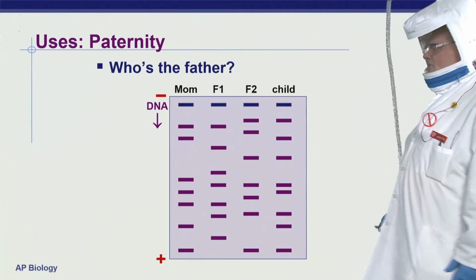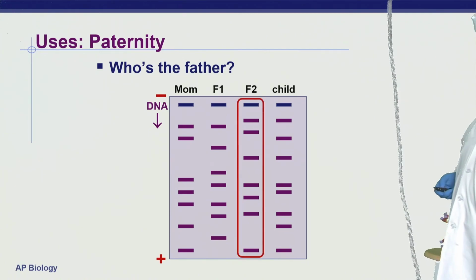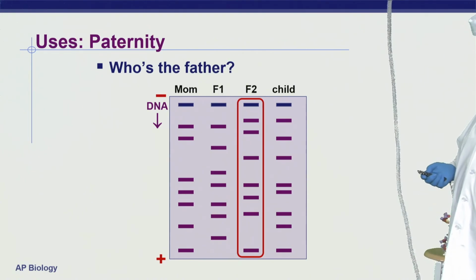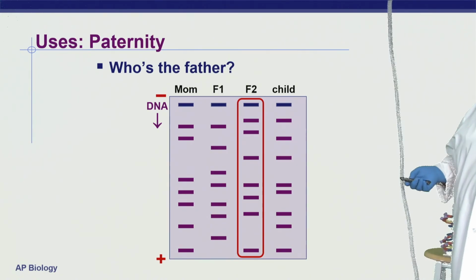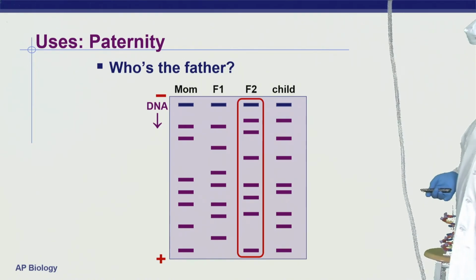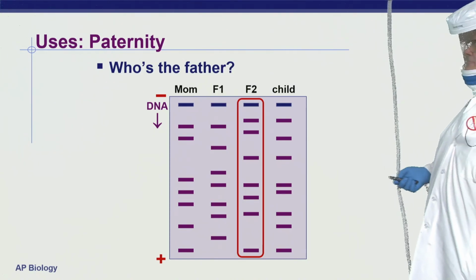So yes, F2 is the father. And there's other places where they line up too. Of course, the child doesn't have all the DNA from the father, so there are places that would not be the same.